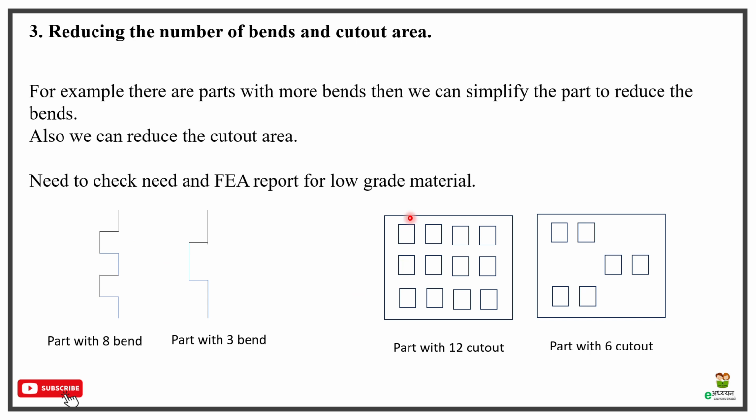Here also there is one example, a part with these cutouts. These cutouts are mainly used for fixing cable ties. If we lay the cables over this, we can fix them with the cable tie. Also we can fix some brackets over here.